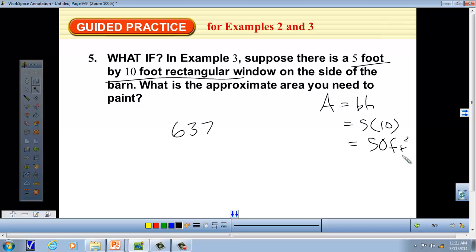Now this would be 50 square feet we wouldn't want to paint because it's a window. Therefore, we would want to subtract out that 50. If we subtract out the 50, we'd end up with 587 square feet.